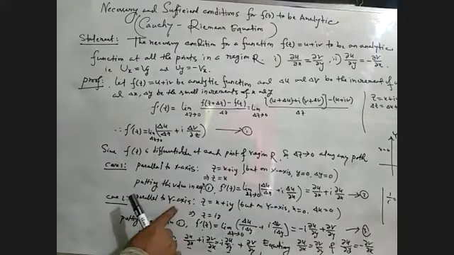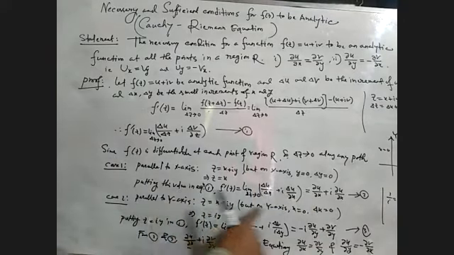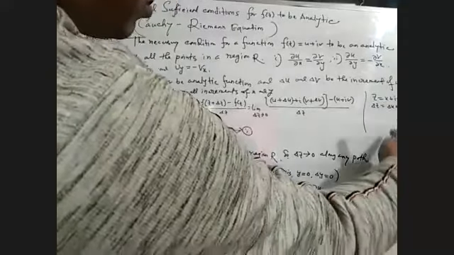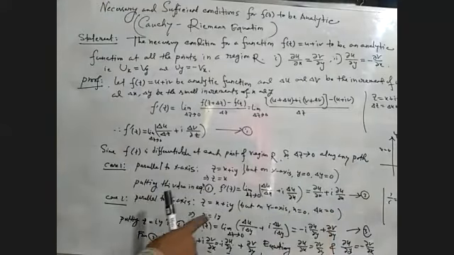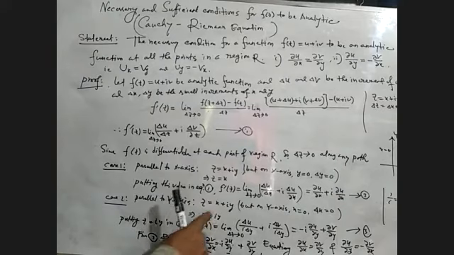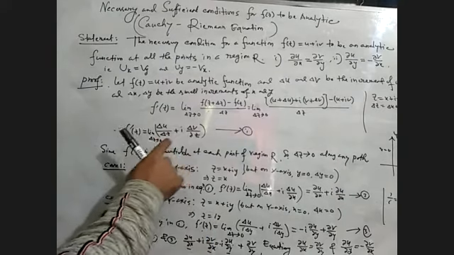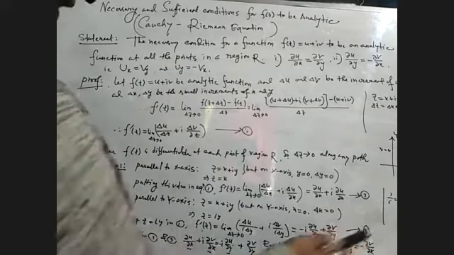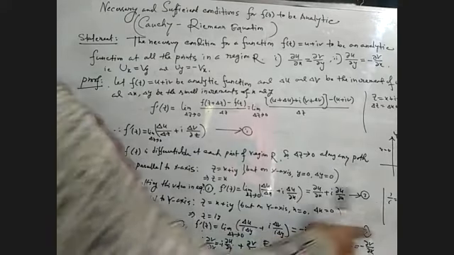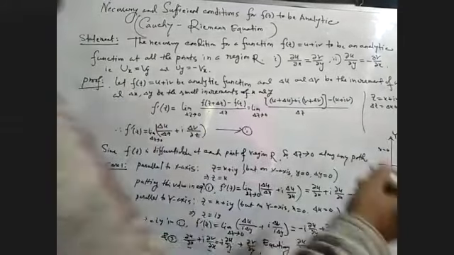Similarly, for case 2, parallel to the y-axis. Parallel to the y-axis means the equation of the y-axis, so x equals 0. So the increment will be 0. Therefore, z equals x plus iy becomes z equals iy only. Just putting z equals iy here, we get another equation 3. 1 by i equals minus i.